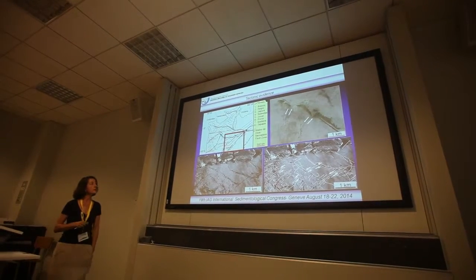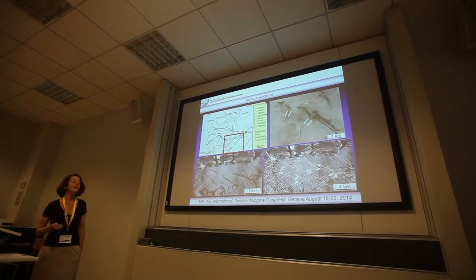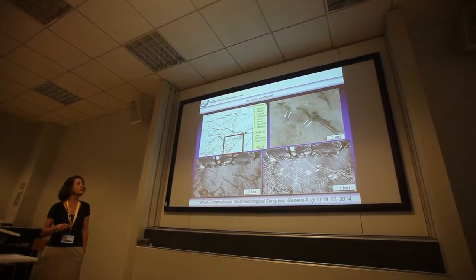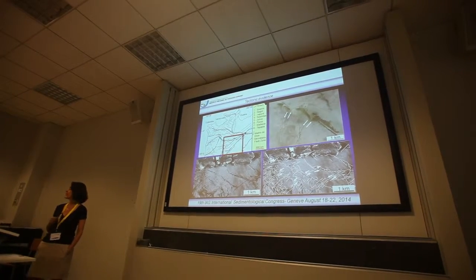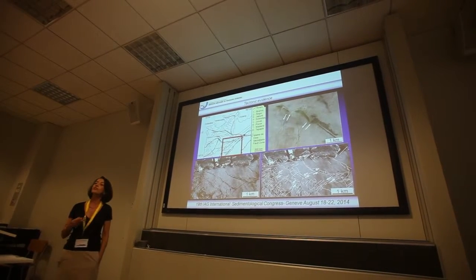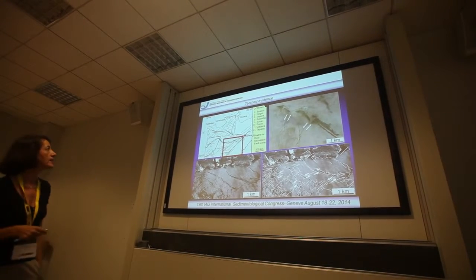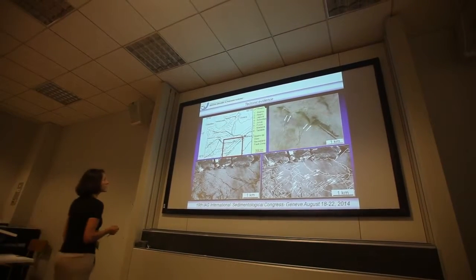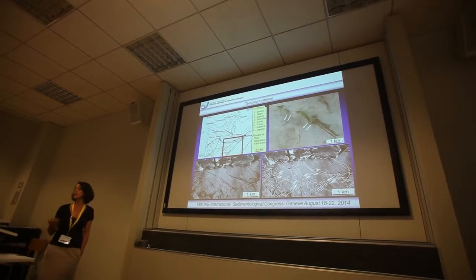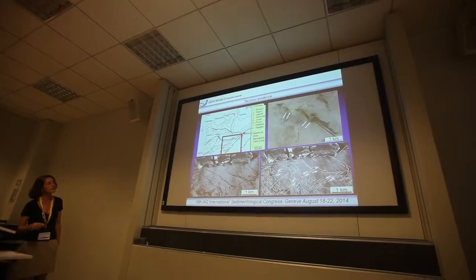The reason we think that tectonics is a very important factor influencing the development of the Amazon drainage systems is that we have evidence for tectonics all over the Amazon. Many people don't know about that, but the evidence for tectonics has become very clear in recent decades. For instance, this is the Madeira River.